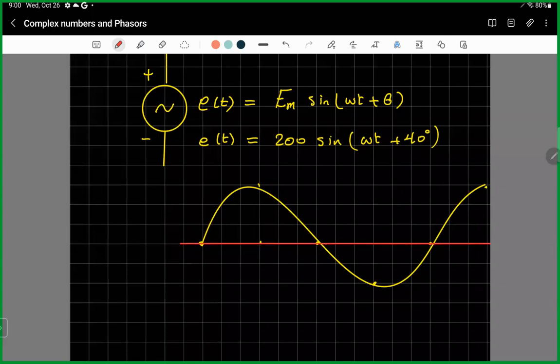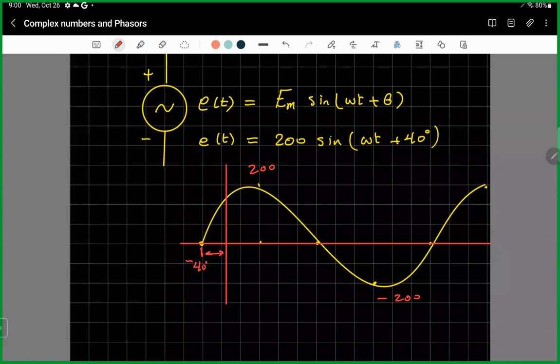It means it starts 40 degrees early, so it will not start here. This is not the 0. The 0 will be at 40 degrees, so I can put the axis here. So it starts from negative 40 degrees. It starts ahead. That's how you express this one. We know that the maximum is equal to 200 and the minimum is negative 200.